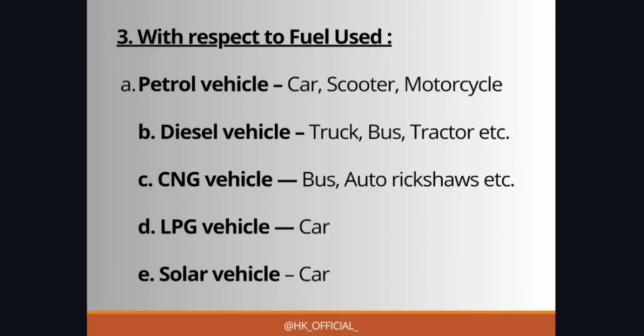Then diesel vehicle: truck, bus, tractor. CNG, compressed natural gas vehicle: bus, auto rickshaws, etc. majorly. Then LPG, liquefied petroleum gas vehicle: car we can take as an example, and for solar vehicle also we can take the example of a car. So this is our third classification with respect to fuel used. Let us go ahead.